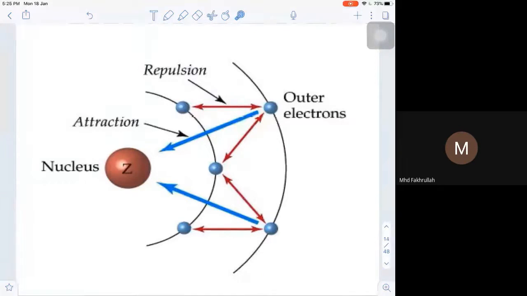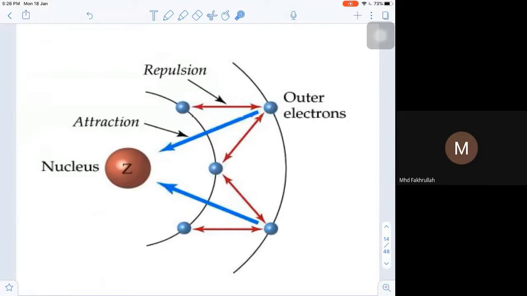Okay, kalau attraction dia lemah, dia punya electron cloud akan lagi besar. So the size of the atom will be bigger. But if the outer electron experiences strong attraction, so dia akan moving towards the nucleus, it will make the size of the atom shrink and it is smaller.